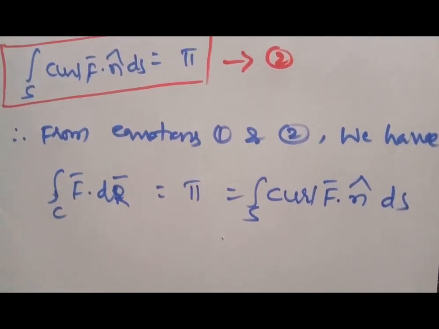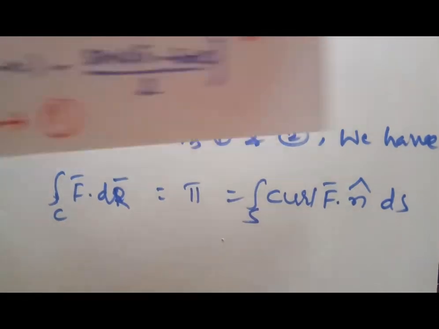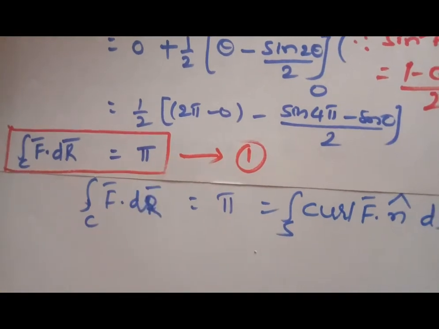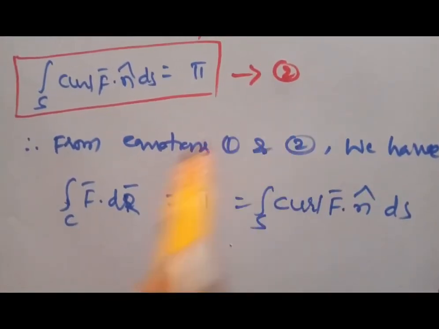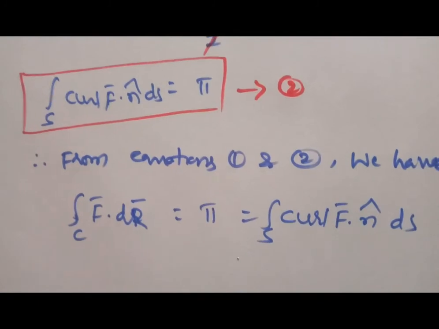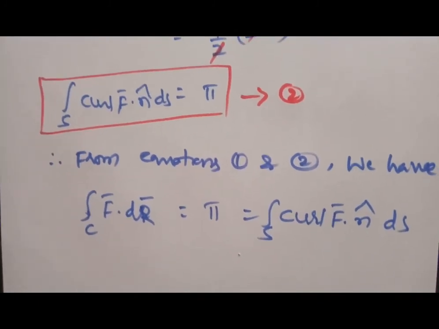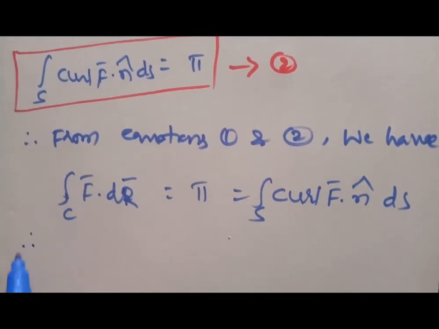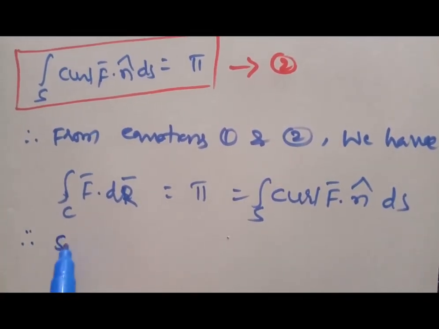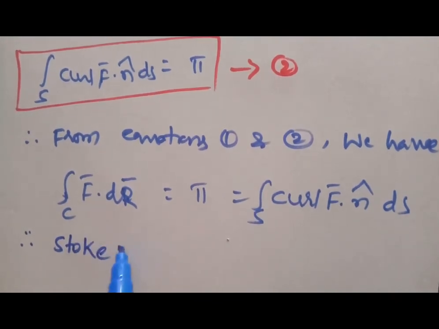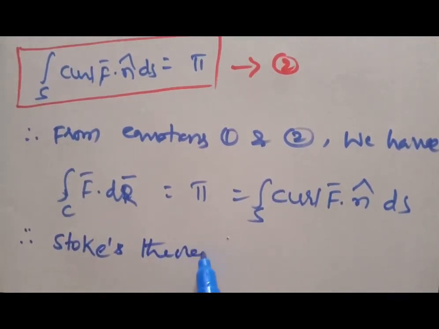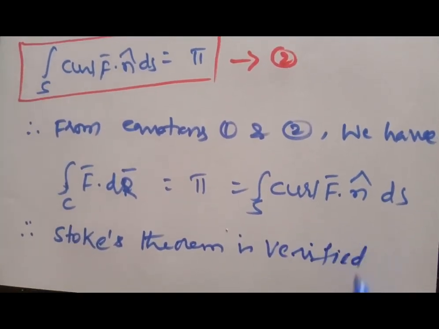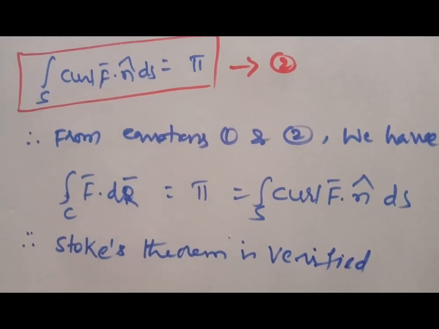In equation 1, the integral of F bar dot dr bar is equal to pi, and from equation 2 this is also pi. Therefore we say that the theorem is verified. Stokes theorem is verified.